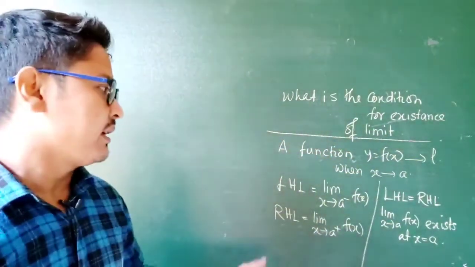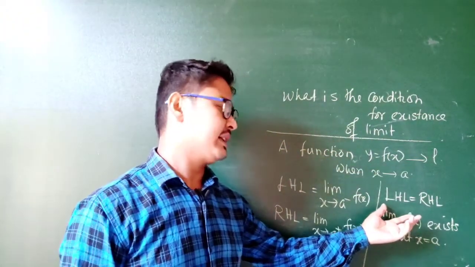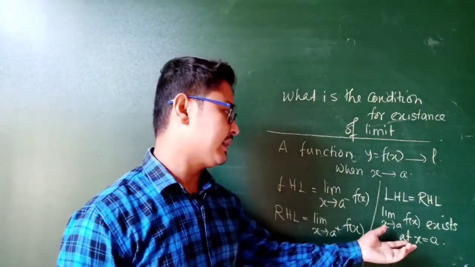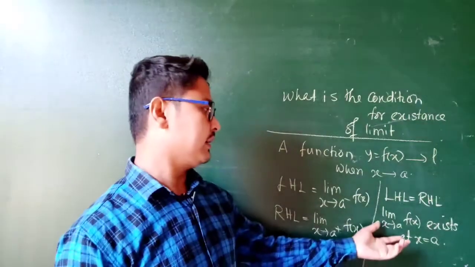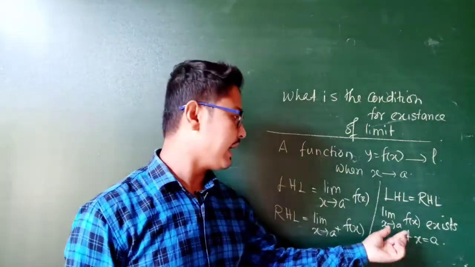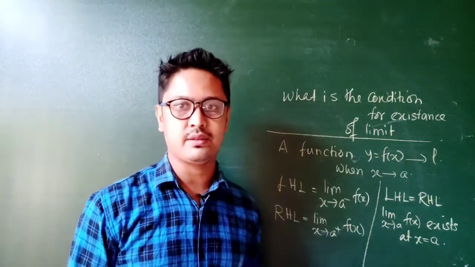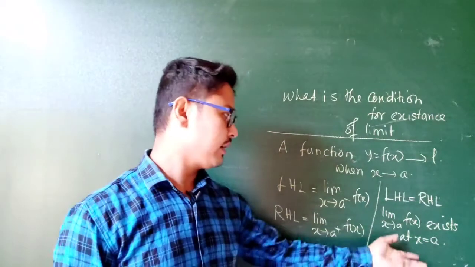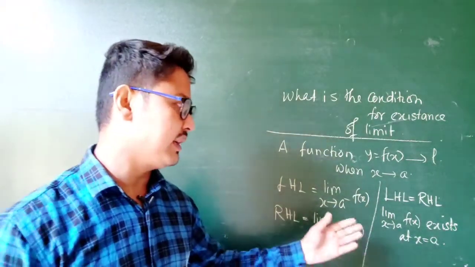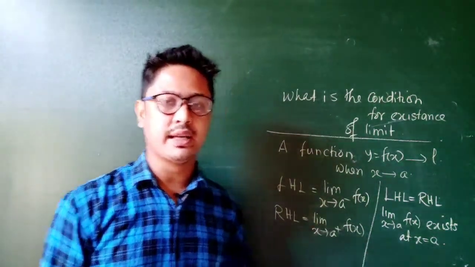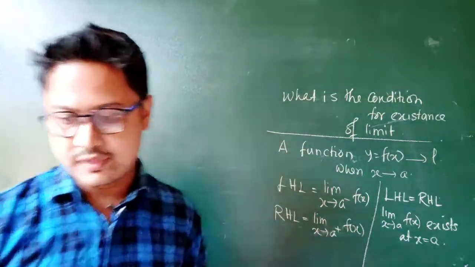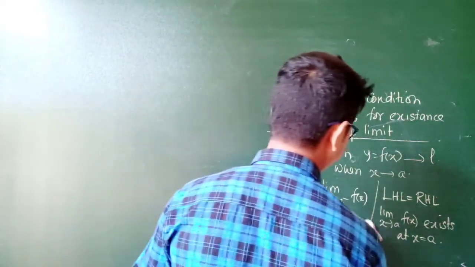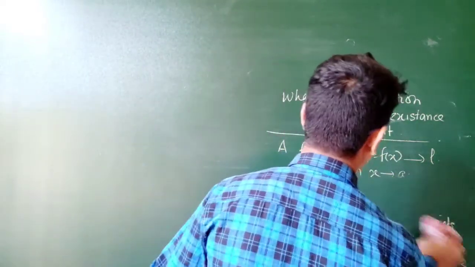That means if the left hand limit of the function at a particular point x equal to a equals the right hand limit at the point x equal to a, then we can say the limit x tends to a f(x) exists at the point x equal to a. So this is the condition for existence of limit of a function at a particular point x equal to a. Now look at some formulas through which we are going to solve some problems along with this concept of existence of limit.